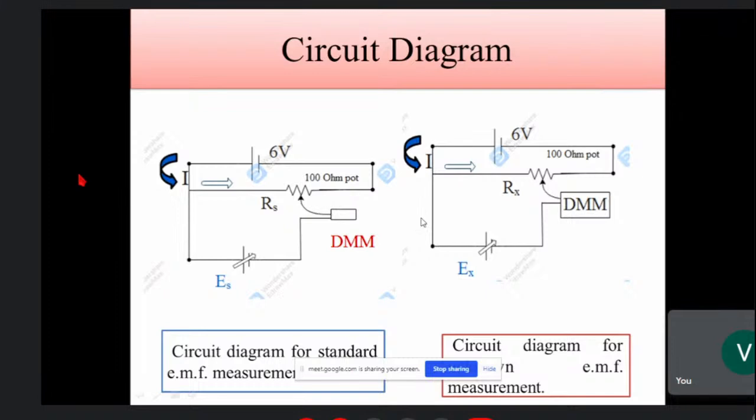In order to be successful, this voltage has to be larger than this. If it is 6 volt and you apply 8 volt, you will never get a balance here. Okay, so this has to be less. By finding Rs, you can find the voltage of this. I mean, you get to know the voltage of this one. It will come to the same thing.